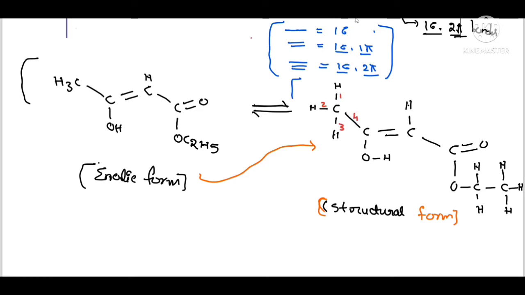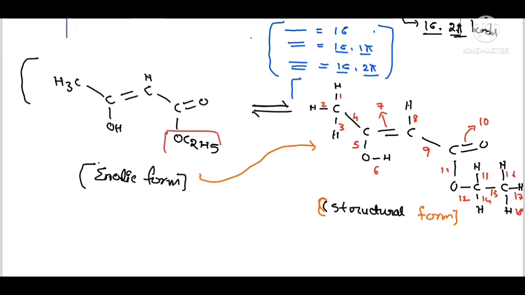Now let us firstly calculate the number of sigma bonds. Here 1, 2, 3, 4, 5, 6. In a double bond, one sigma bond is present. Its number is 7, 8, 9. In this also, one double bond, presence of one sigma bond. Its number is 10, 11, 12, 13, 14, 15, 16, 17 and 18.